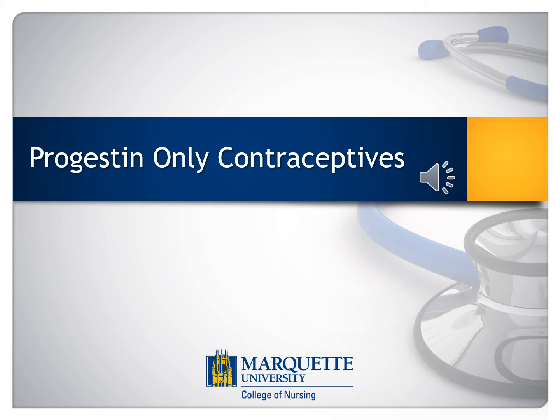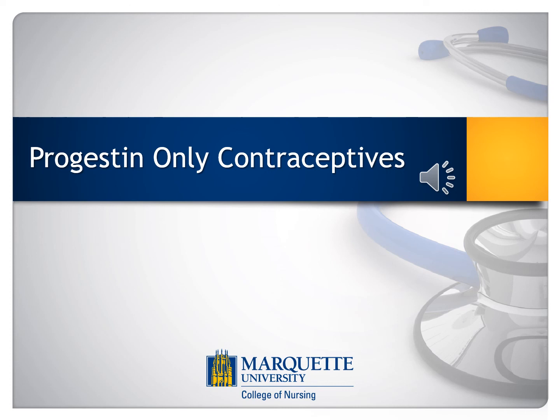In the next couple of slides, we'll be discussing progestin or progesterone-only contraceptives. These are contraceptive methods that only contain the hormone progesterone. There is no estrogen in these methods. And these are ideal for candidates where estrogen is contraindicated.